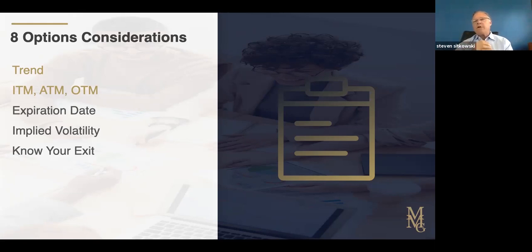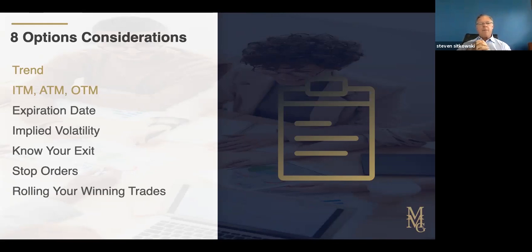Now, what if the stock doesn't go up? How far down are you going to let it go before you get out? And I always suggest that students use what is called a stop order. So if you don't want to watch it every single day, simply place a stop 35% below the price of your option. So if you paid $10 a share for your option, right after you own that option, you can then come in and put in another order that says, hey, if the price of the option drops to $6.50, automatically take me out.